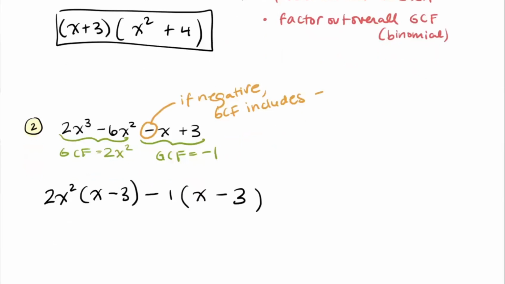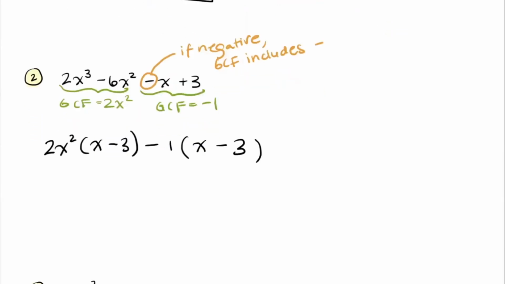Right, and maybe now you can see that if we were to only have taken out a plus 1, then this would be minus and plus, and we need these two to match in the parentheses so we have an overall GCF. So the way to fix that is to take out a negative with your GCF if this sign right here is negative.